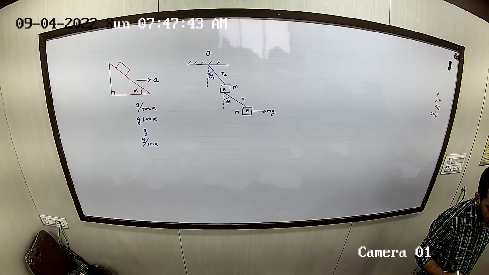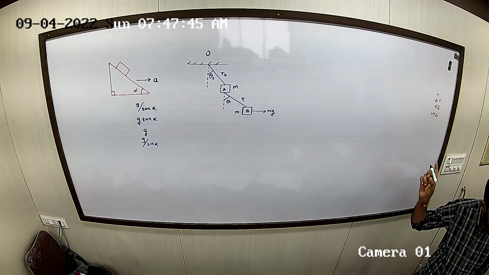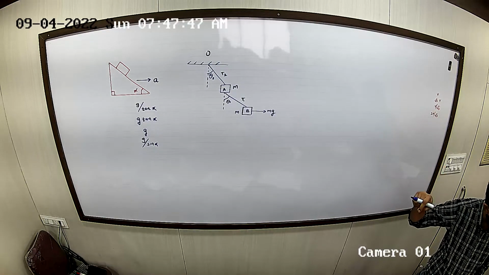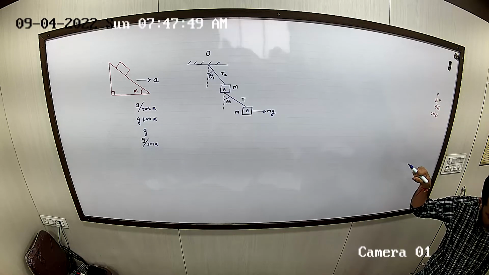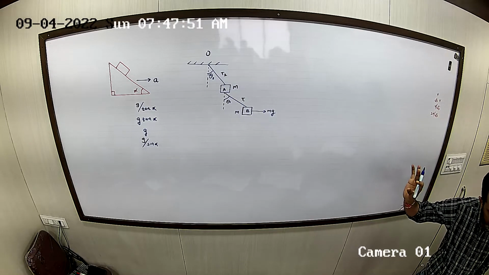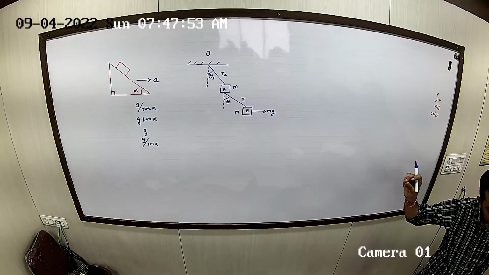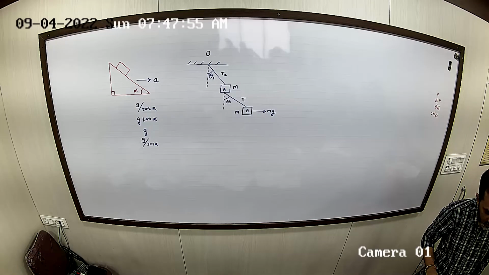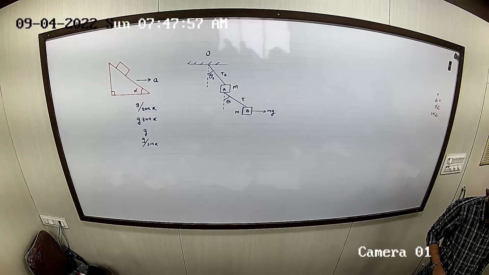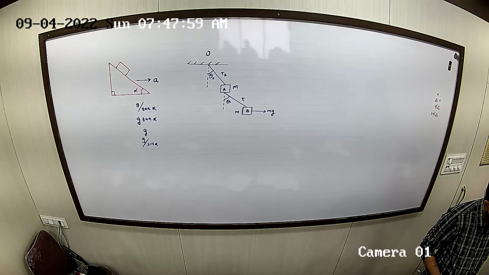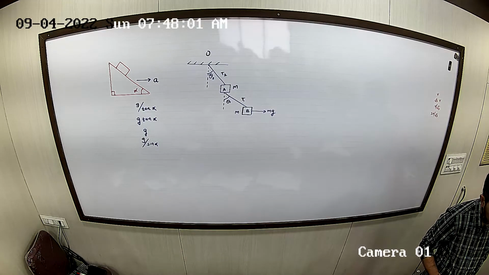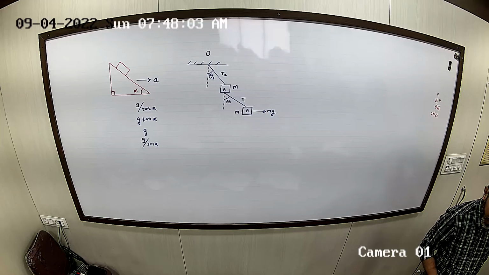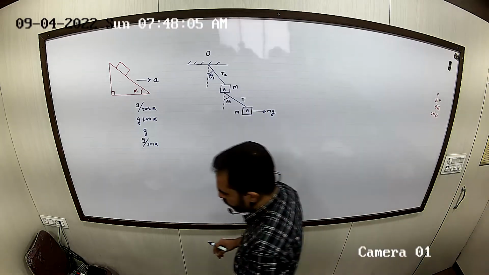Hello. Do not think this mg is the block's weight, how can it act horizontally? It always acts vertically down. This is the external force which I am applying, so that the system remains in equilibrium. Right? Find T1 and T2. You can see T1 and T2 are the tensions in the two different strings. Clear? There are three questions. Please close your book.